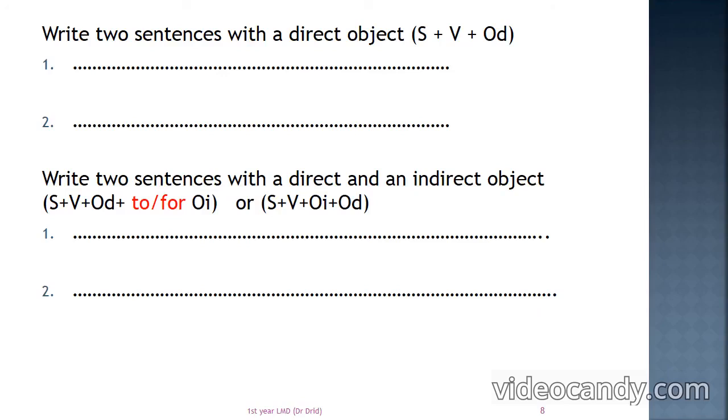Here in this second part, it is not important whether the direct object comes before or after the indirect object. You are free. But just pay attention: in some cases, you are obliged to use to or for, and sometimes you are not obliged to use them. This depends on the position of the direct and indirect objects, whether they come before or after each other.